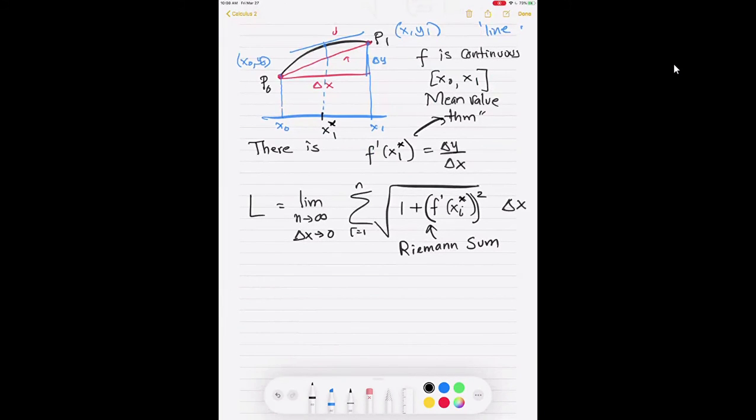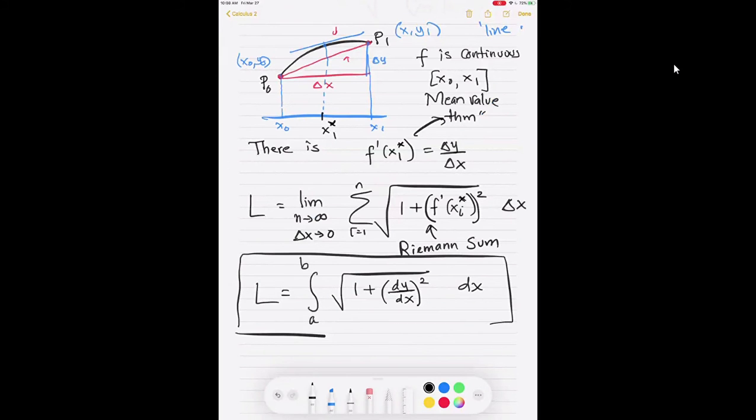So length is going to be the integral from a to b of the square root of 1 plus dy by dx squared dx. And that's the formula I really, really need from you. That's the formula I want you to remember. I want to do an example, but if it doesn't happen, it doesn't happen.